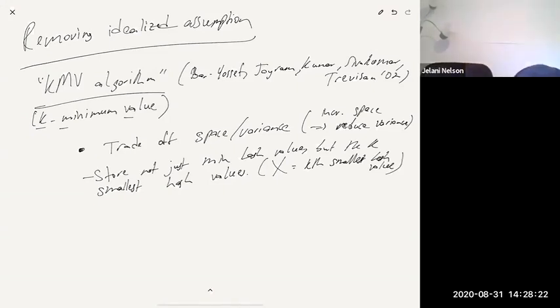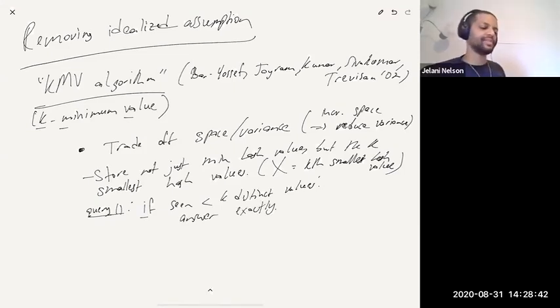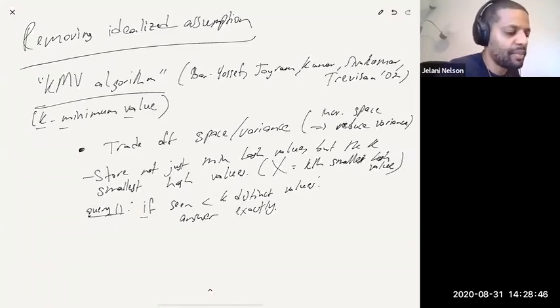And then query: if I've seen fewer than k distinct values, answer exactly. If I've seen fewer than k distinct values, then in the idealized setting, what's the probability of a hash collision? What's the probability that h of 5 equals h of 3?